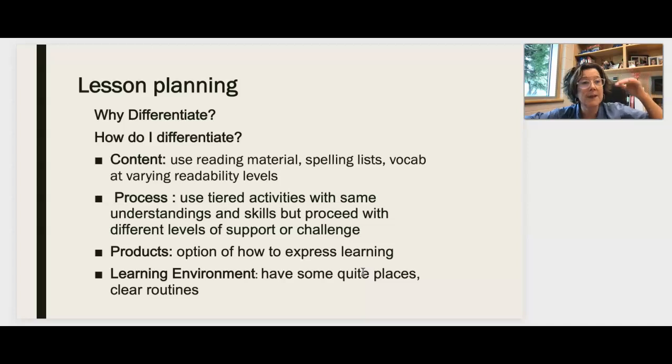You might want to have some dim lights. I know lots of teachers are going to IKEA and putting those blue almost screens over their fluorescent lights, and to give it a calmer learning environment. Maybe having some comfy chairs so that when they go to read, they're comfortable.